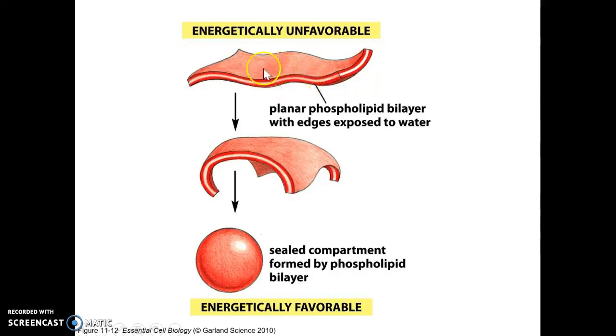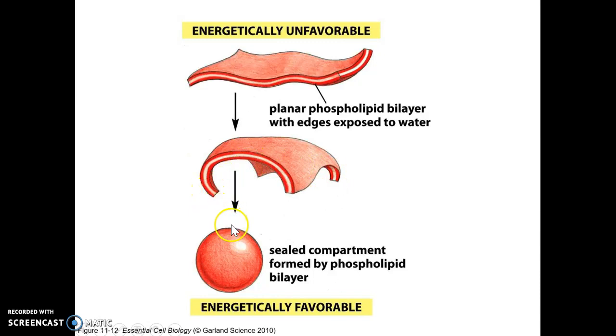And so you can easily get these large sheets, but the problem with these large sheets is that all along the edge of the sheet there's going to be exposed lipids. And the best way to create a structure that has no exposed lipids is for that planar phospholipid bilayer to wrap around so that these lipids are interacting with these lipids, and these lipids are interacting with these lipids.